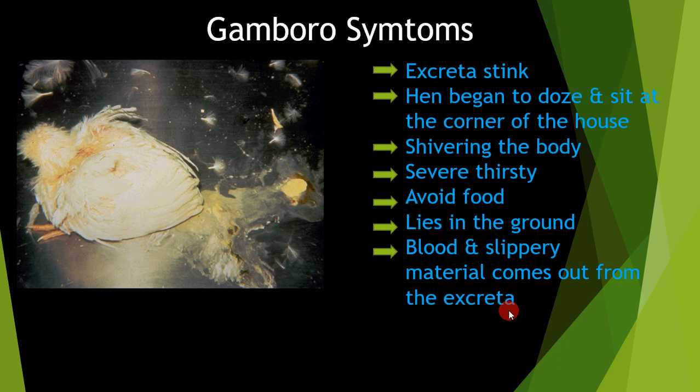The body temperature becomes very high, and the chicken is severely thirsty, that means it becomes very thirsty from lack of water. The chickens are very weak and not interested in taking any feed, and suddenly lie on the ground, and blood and slippery material comes out from the excreta.